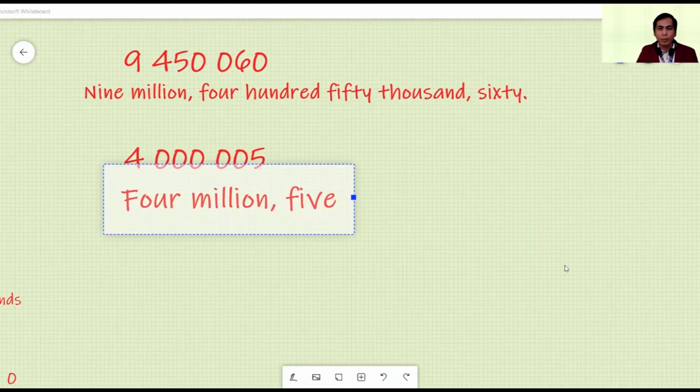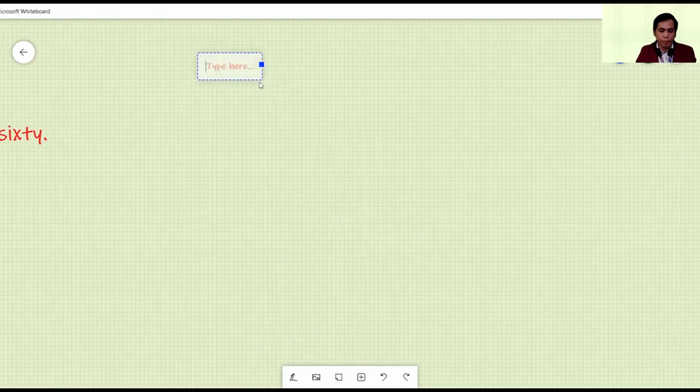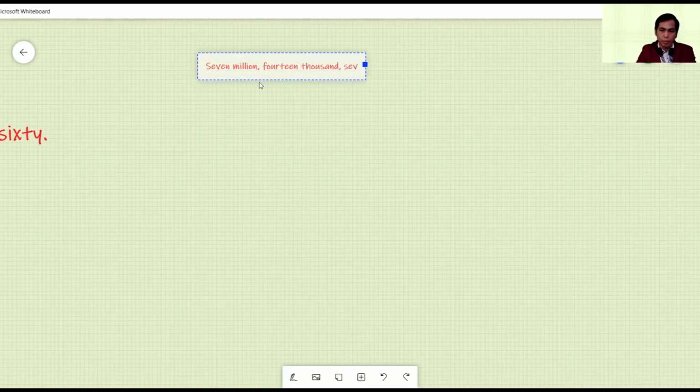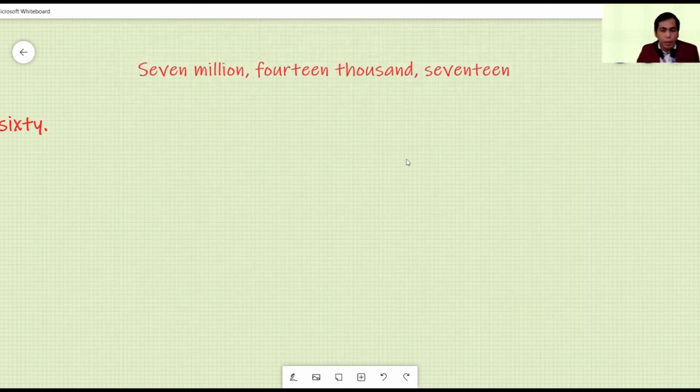This time, let us do the reverse. Given the words, we have to write the numeral in symbols. So let's say our numeral is 7,014,017.